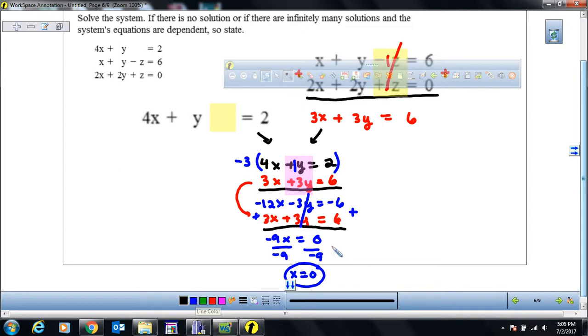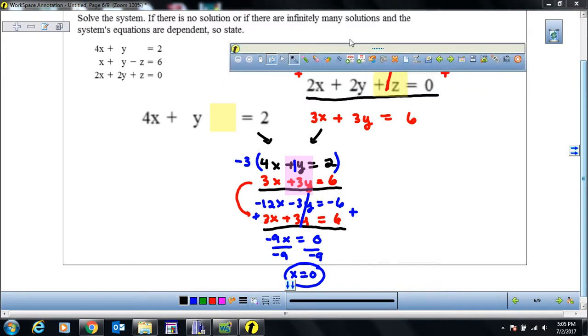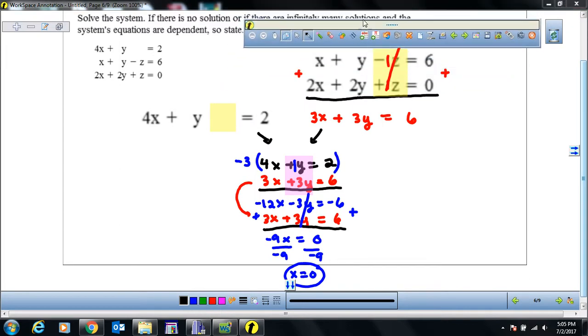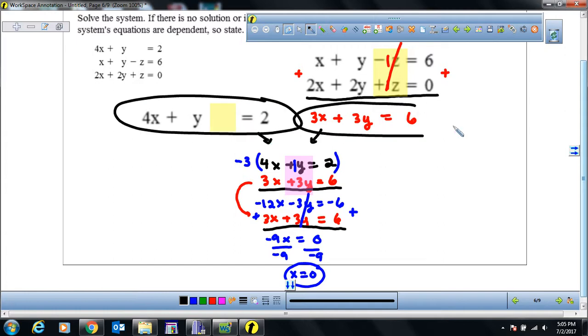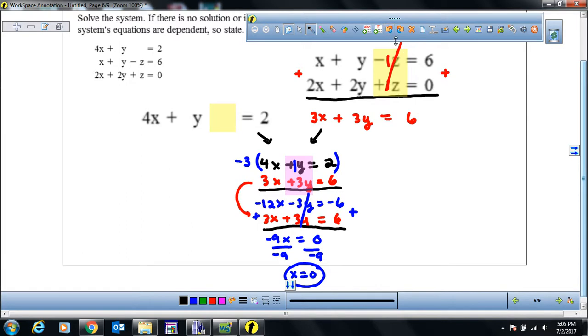Now, how do we find the second variable? Just like I explained on the previous question, you first need to substitute that variable into one of the two middle equations, either the 4x plus y equals 2 or the 3x plus 3y equals 6, whichever one you want. I am going to use the second equation.